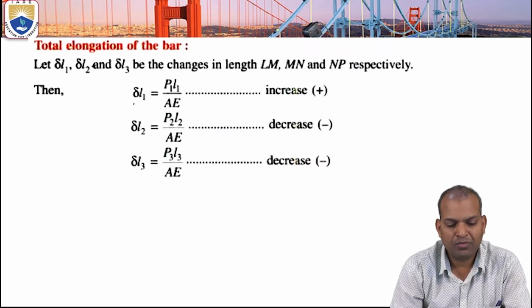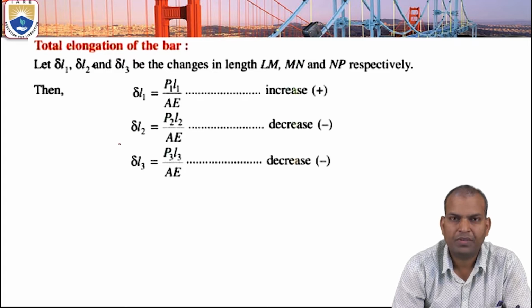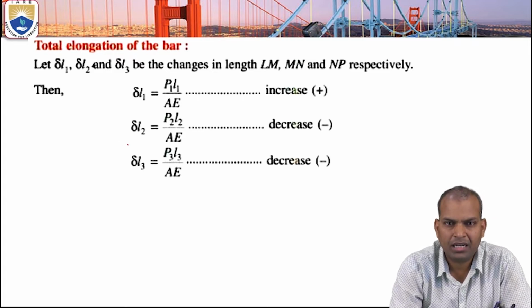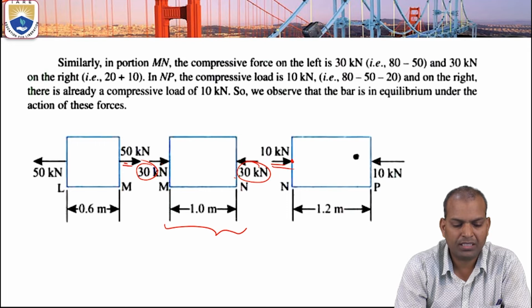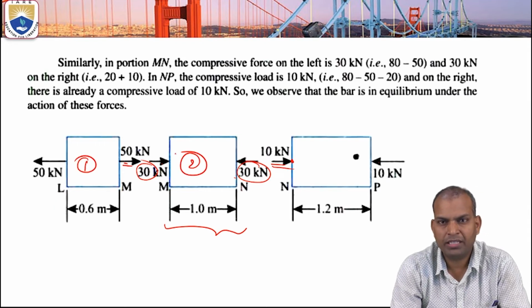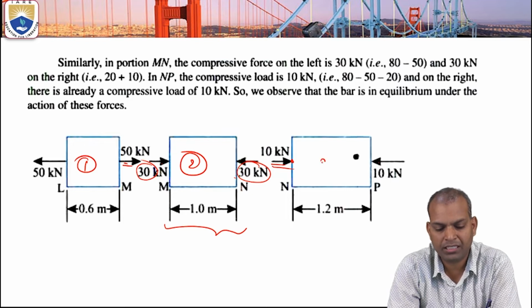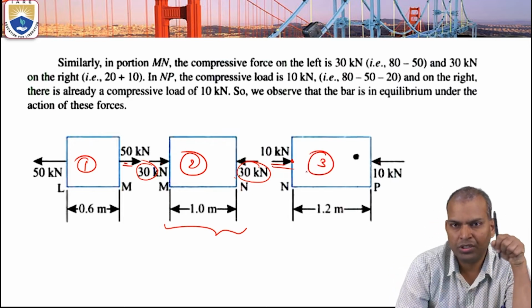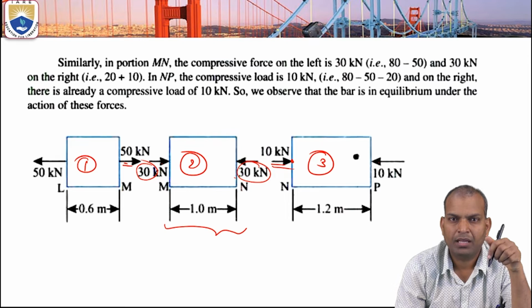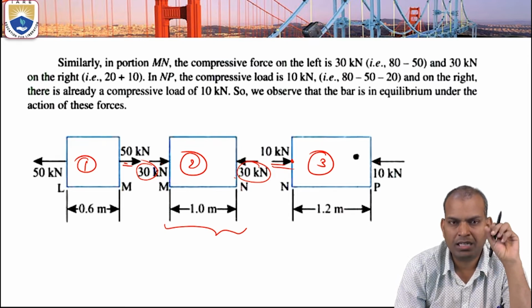This is delta L1. We want the sum of the deformations. What is section 1? Section 1 is the LM portion, section 2 is the MN portion, and the NP portion is considered as section 3. Here section 1 is under tensile load, so there is elongation.